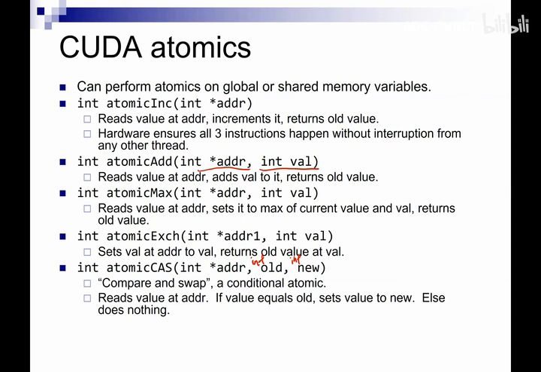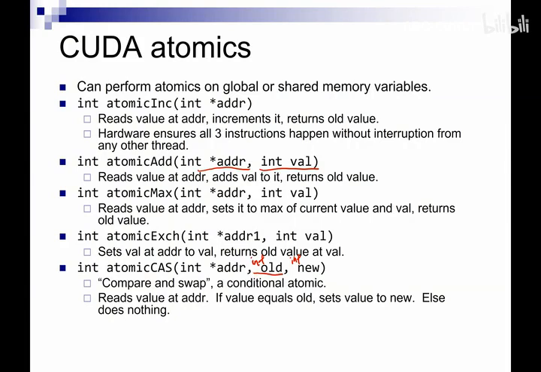So this is a conditional operation. And we actually saw this earlier when we talked about how to implement mutual exclusion algorithms a few lectures ago. What it does is that it's going to read the current value at address, and it's going to give you back that value. Furthermore, it's going to take that value and compare it to old, the second argument over here.